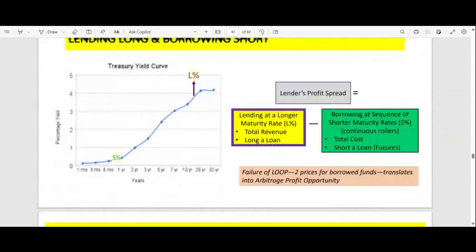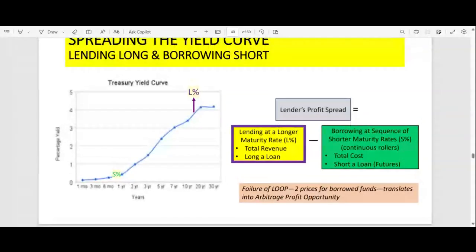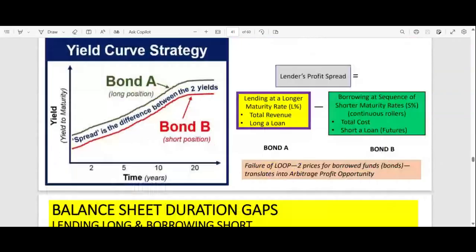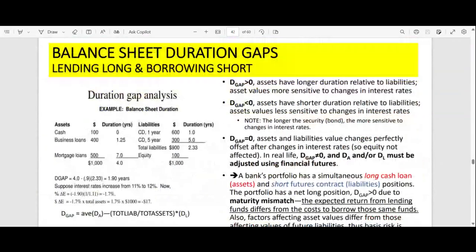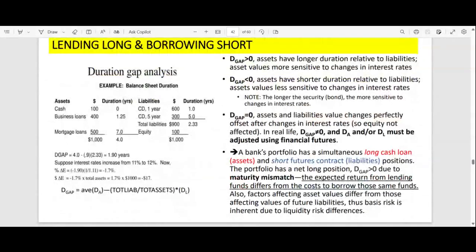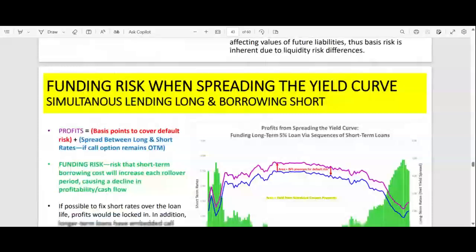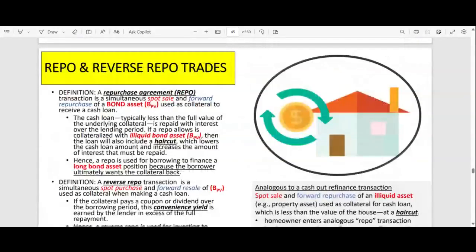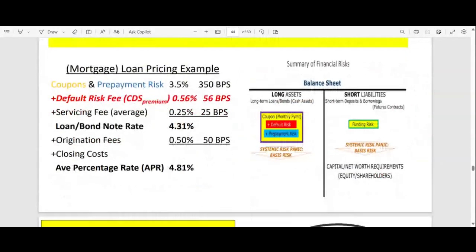And here this is kind of new. I'm teaching you how to price a bond, and I'm also teaching you how banks lend long and borrow short. So instead of arbitraging to where profits go to zero, a bank opens up an arbitrage opportunity for itself. But when it does that, it's got to deal with the risk of a duration gap. And so you're seeing how they can use repos to fund that loan and lock in the lower rate.